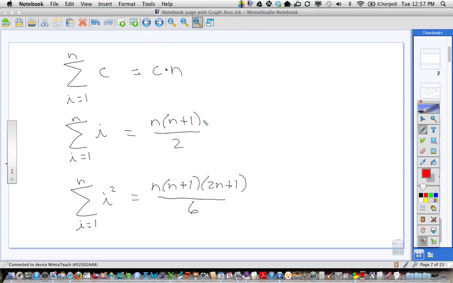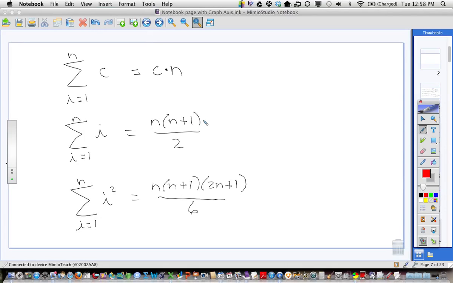There'll be a few problems on the homework where you will use these. So you might want to have them in your notes. And on the quiz, I will say, use the formulas at the top of the page to evaluate the following sigma problem. And those formulas will be up at the top of the page.